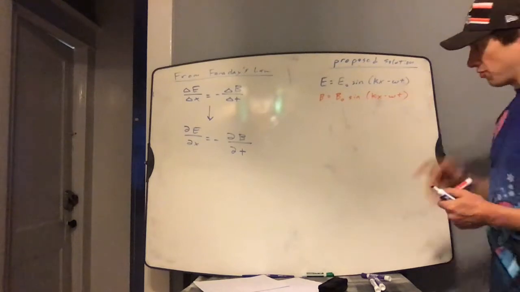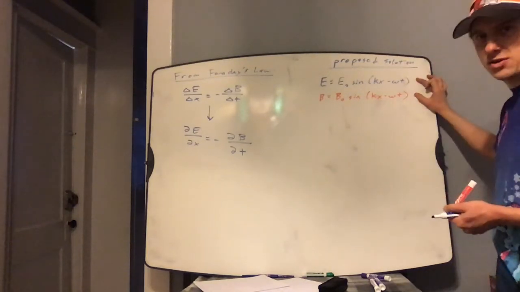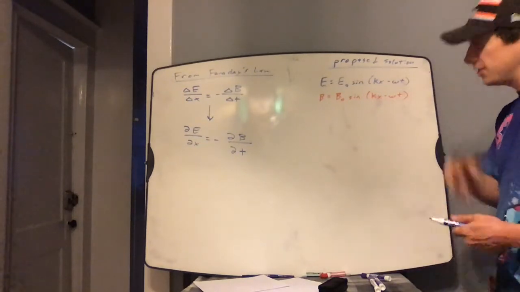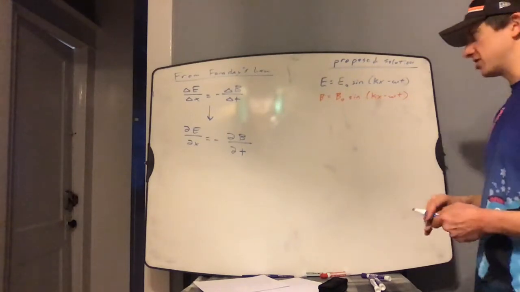So this is just the proposed solution. It is possible to demonstrate and derive the solution, but I'm just going to propose it, and then we could check it and see what the consequences of the solution are.